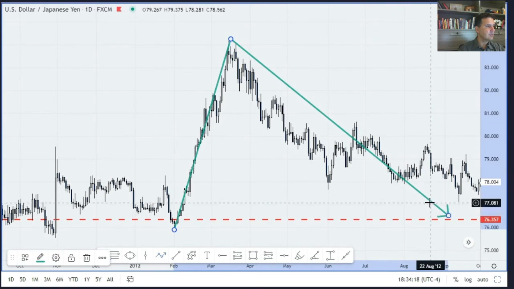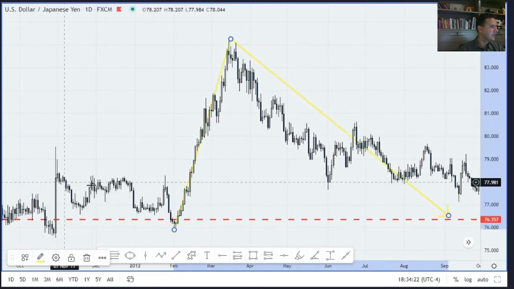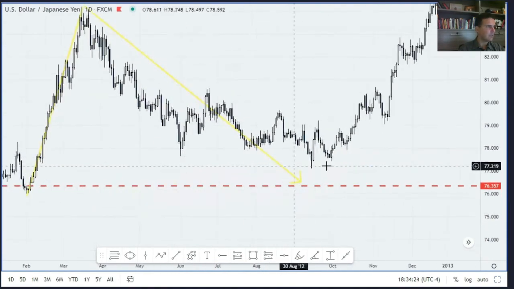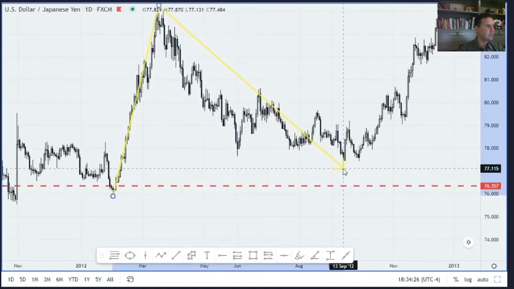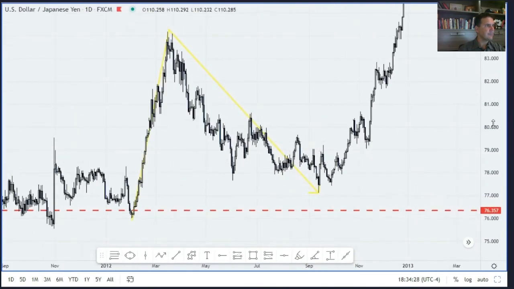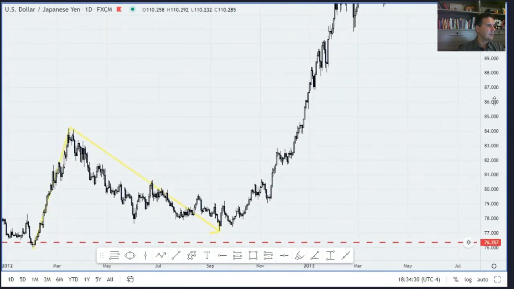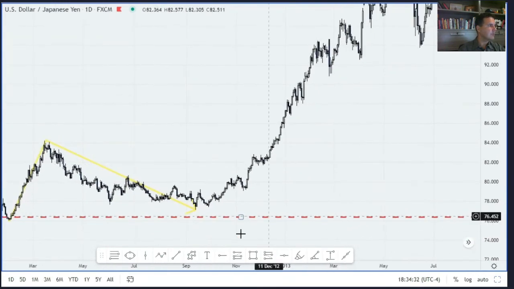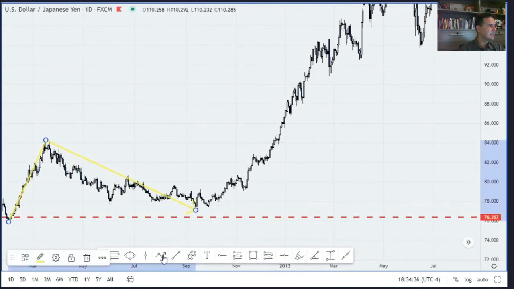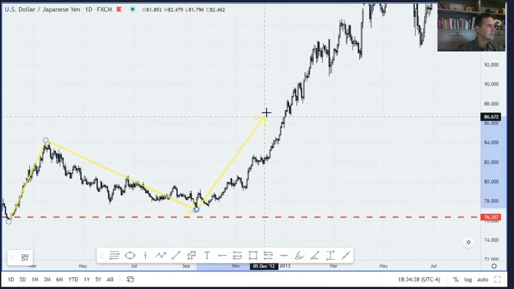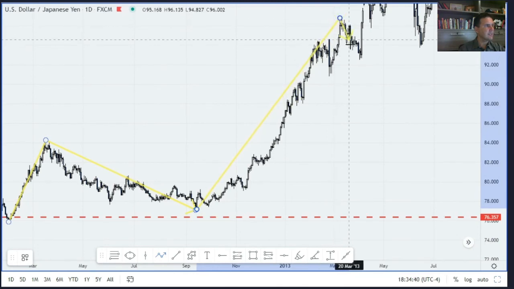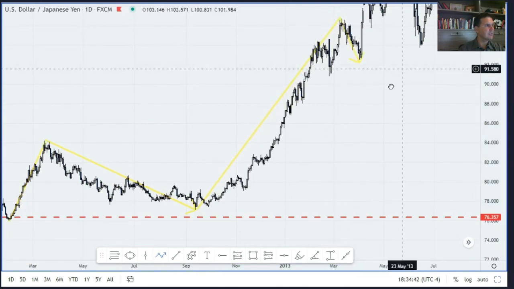Extension, retracement. We're going to change colors. One more time. Yellow. Yes, okay. Extension, retracement. Now, uptrend, down. We're looking for uptrends and downtrends. So the next extension, retracement.